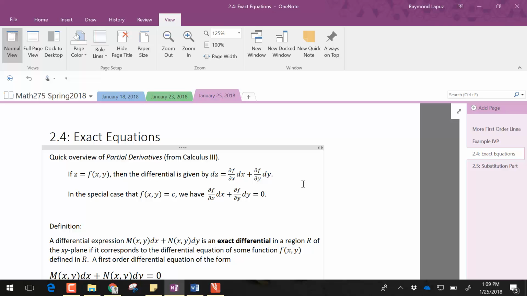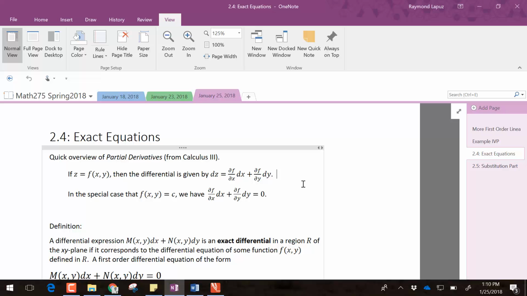So it actually looks like it got separated. Before we do that, let's backtrack. If you're in Calc 3 or if you have taken Calc 3, then try to remember the differential. If you haven't, here's a quick overview. If you have a function of two variables, you could take the differential of that function, and it would be a couple of partial derivatives.